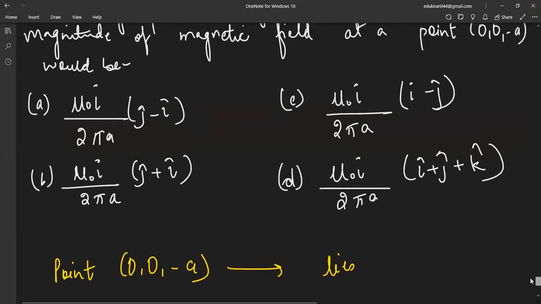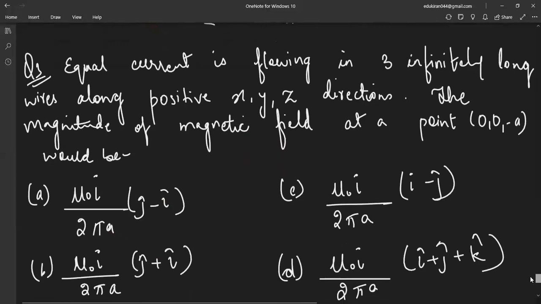Equal current is flowing in three infinitely long wires along the positive X, Y, Z directions. We have to find the magnitude of the magnetic field at the point 0, 0, minus a.